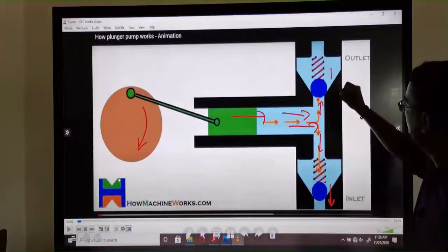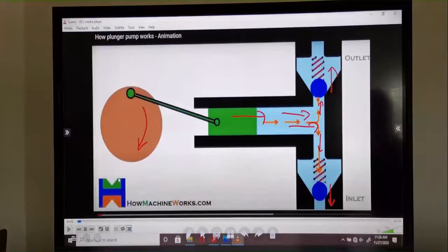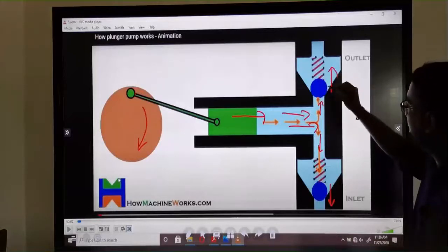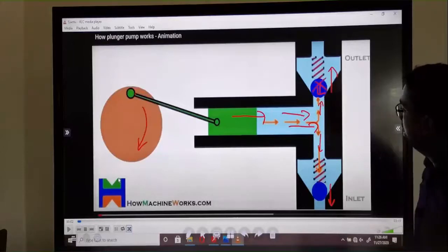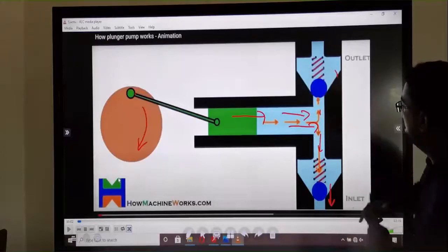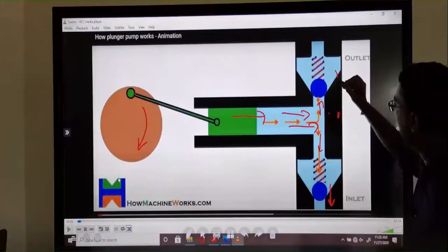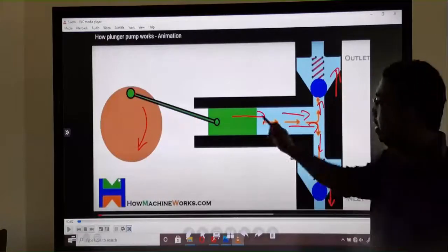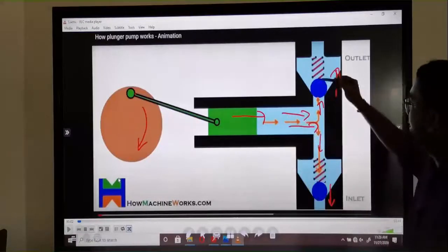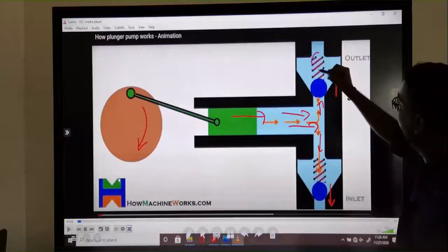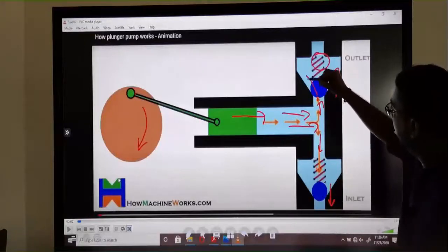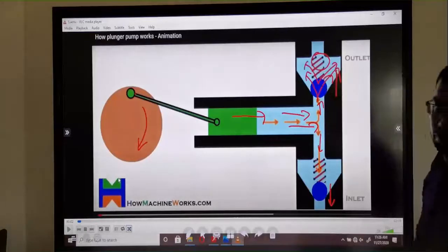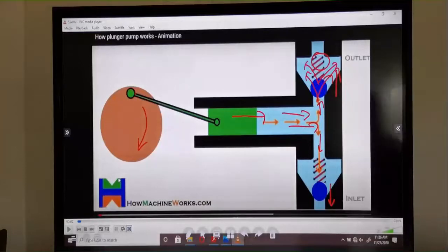This valve can move this side. So when the plunger comes this way, only this valve moves. That means the valve is moved like this, so there is a space, and the fuel moves to this area.